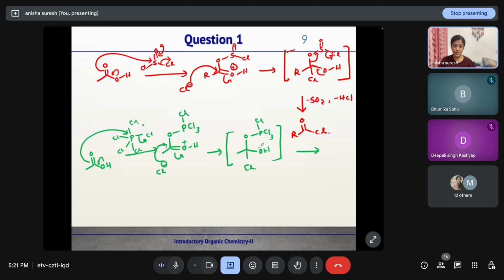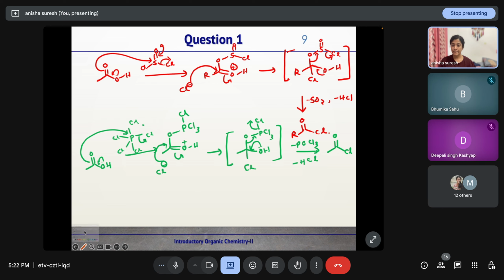Now once this oxygen lone pair will fall back, elimination of POCl3 and HCl will take place, leading to formation of acetyl chloride. Okay, so this is how PCl5 will react with acid, resulting in the formation of acid chloride.